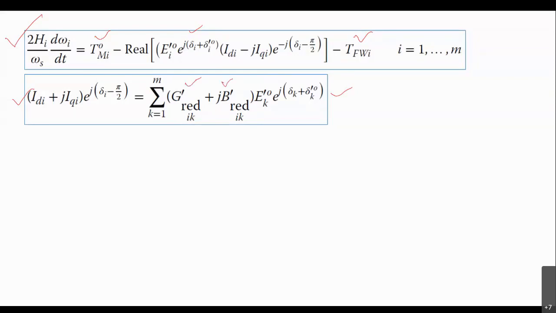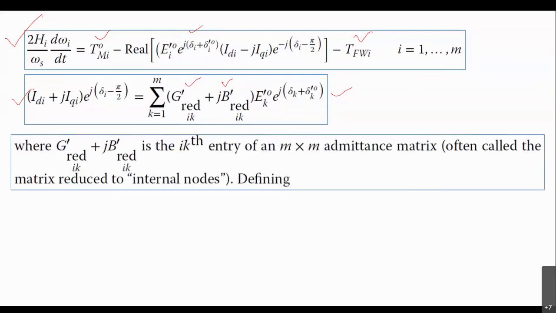Already we did this in the earlier classes, how to reduce a Y-bus matrix to the internal nodes of the generators. So this G'red,ik plus jB'red,ik is the ikth entry of an m by m admittance matrix, and it is often called the matrix reduced to internal nodes.